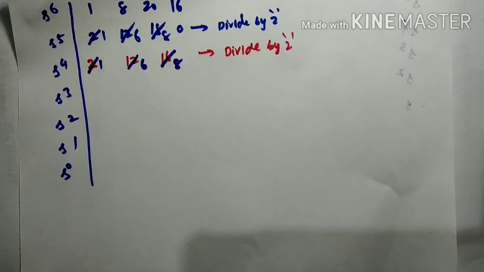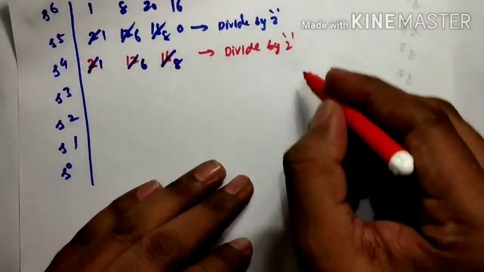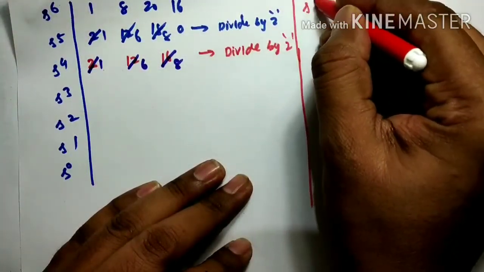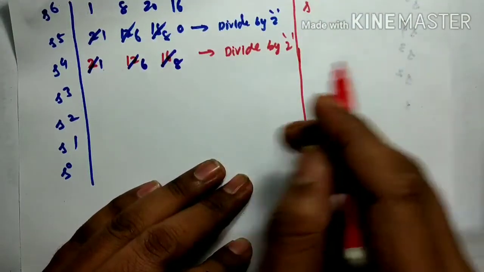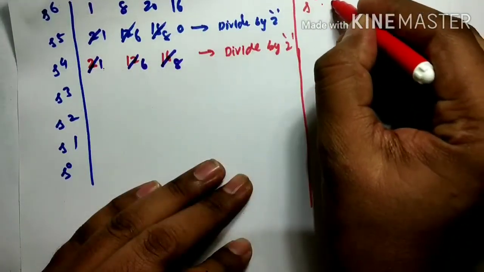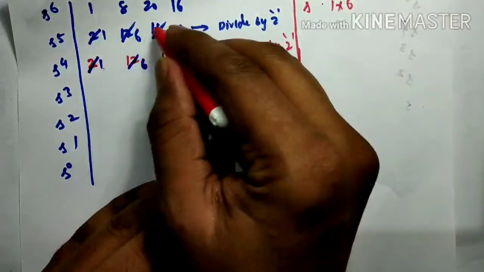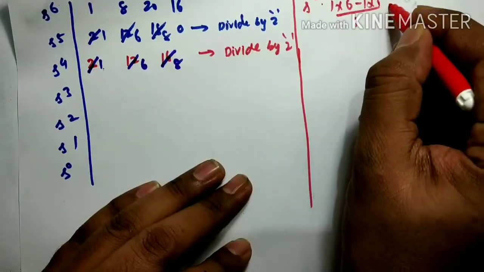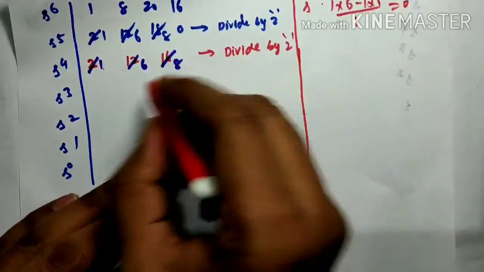So when you divide, what happens? This s cubed row becomes 0. You know that. Now we are going to find s cubed coefficients. When you find s cubed coefficients, what happened? 1 into 6 minus 1 into 6 by 1, so this becomes 0.